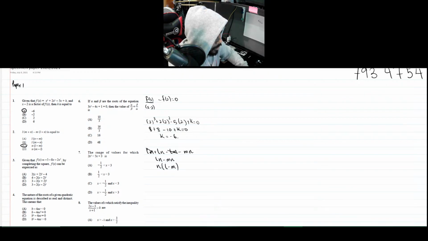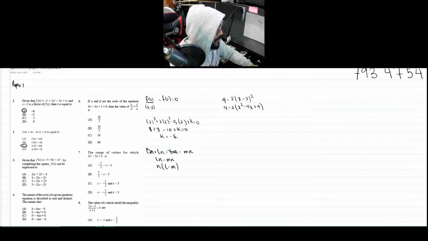Looking at part B, let me expand each one now. 4 minus 2 into x minus 2 squared. I'm going to expand this out. 4 minus 2 into x squared minus 4x plus 4.